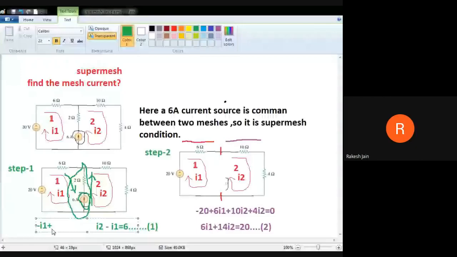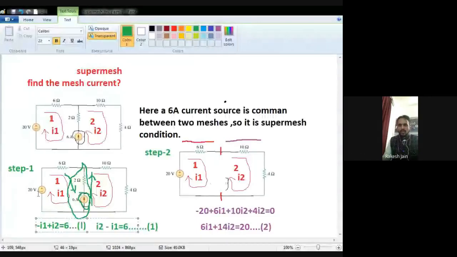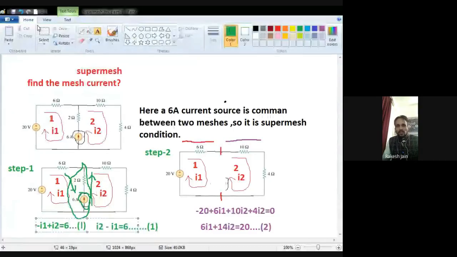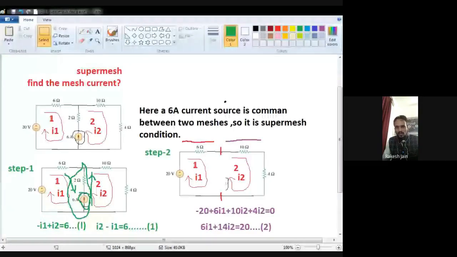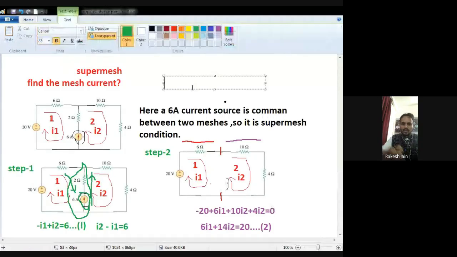Once again I am repeating. Remove that branch which makes it common. Then write down the left hand current with I1, and also write down for the right hand with I2, and just add both of them.